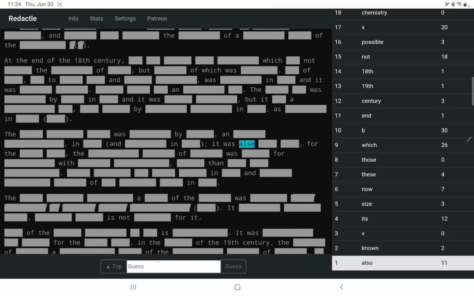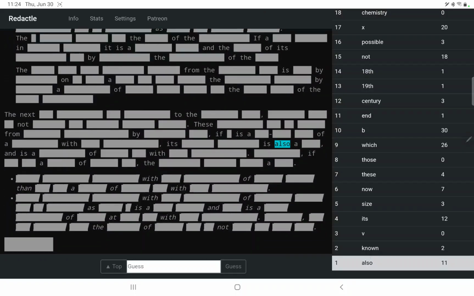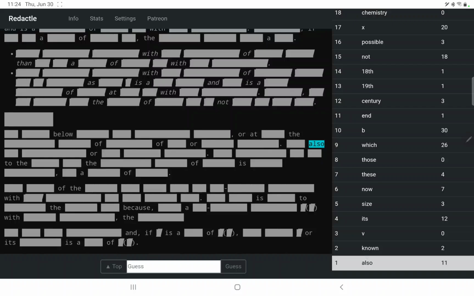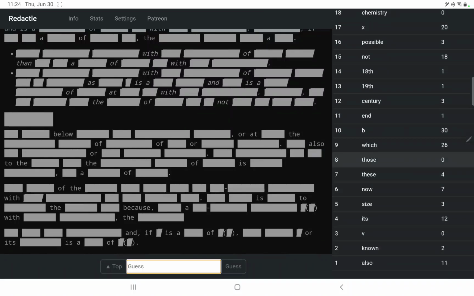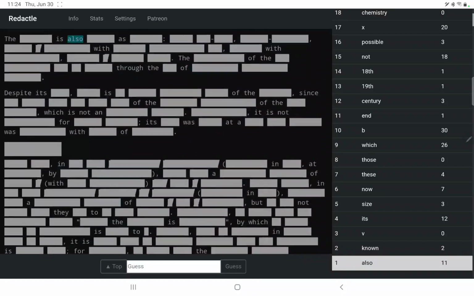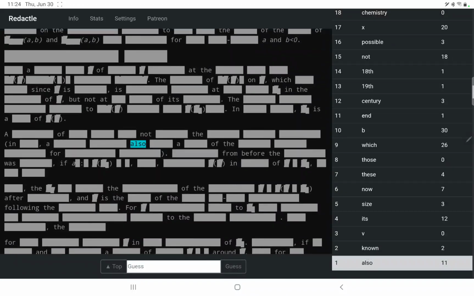It was also, not sure what those words are. Is also a blank. How about they also? No, there are some theys though. Let's go back. Oh, we have to go back through our alsos.